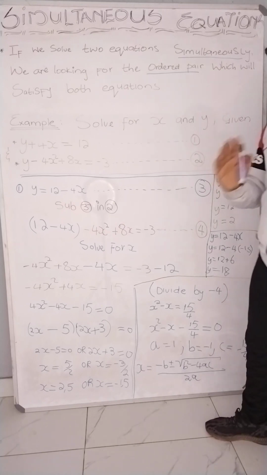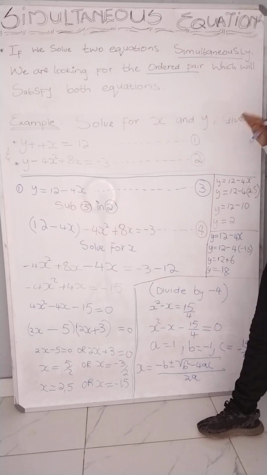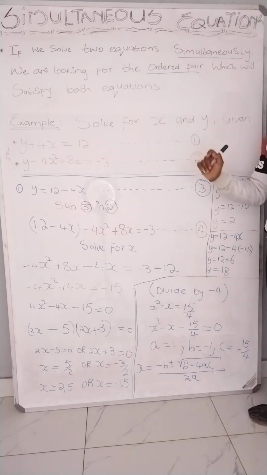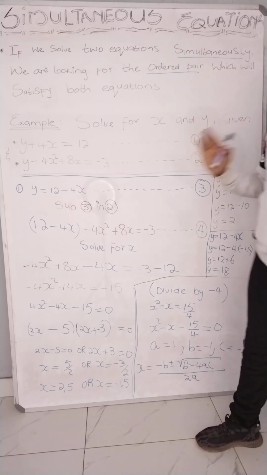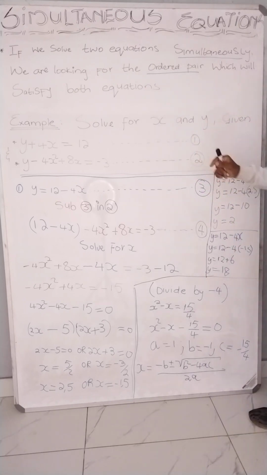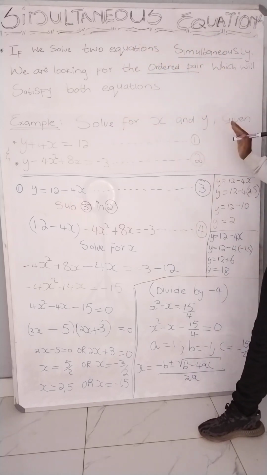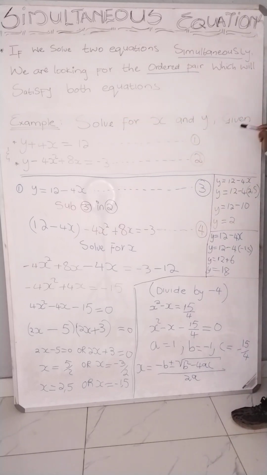So that is the first thing that you do. You label the first equation that you are given as number 1 and the second as number 2. That should be simple enough. You are going to be given 2 equations, hence a simultaneous equation, and you're going to be asked to solve for both x and y.